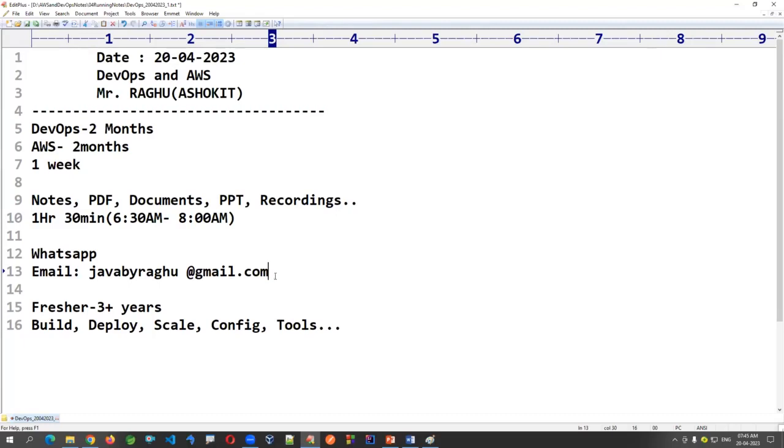I'll reply and give the complete steps of what you need to do, step by step. Mention your name, qualification, your current experience and the field that you are working in, what the reason is that you want to switch, and what complications you are facing. Send a clear email to me. I'll reply to that. But yes, you can do this.